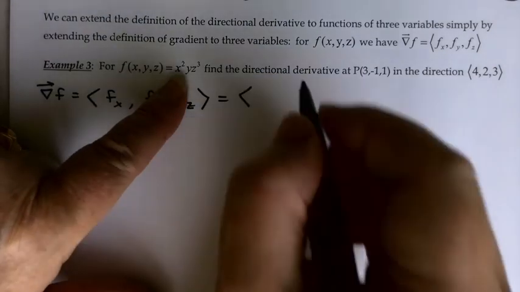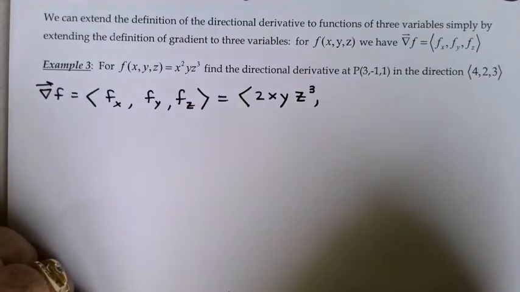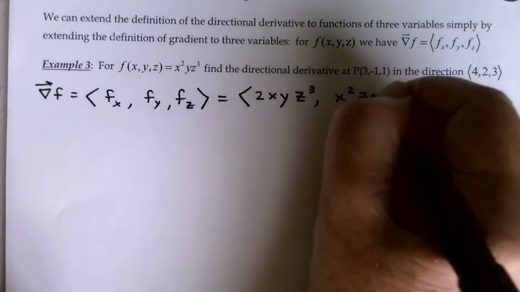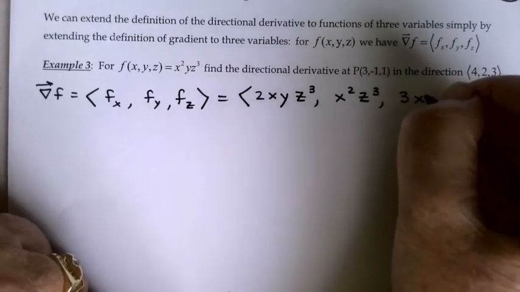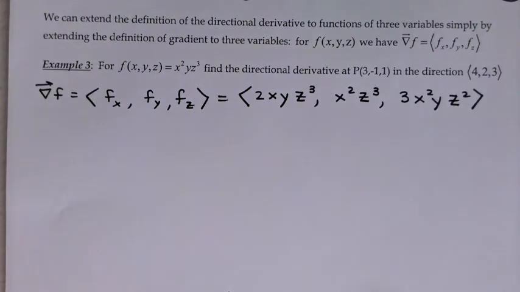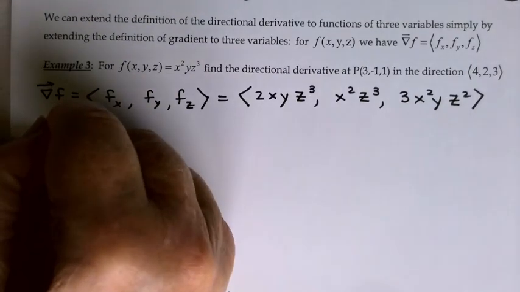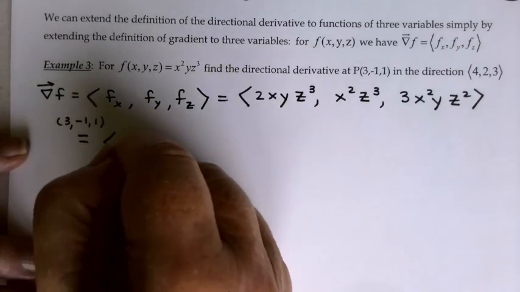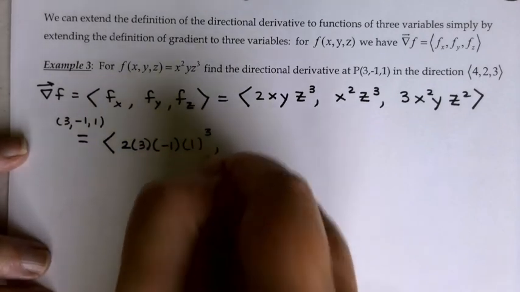F sub x would be 2x y z cubed. F sub y would be x squared z cubed. And f sub z would be 3x squared y times z squared. We'll go ahead and plug in our point, 3, negative 1, 1. So I have 2 times 3 times negative 1 times 1 cubed.